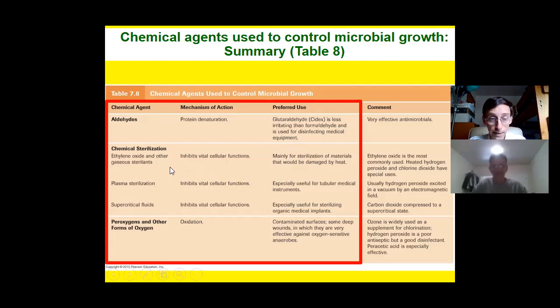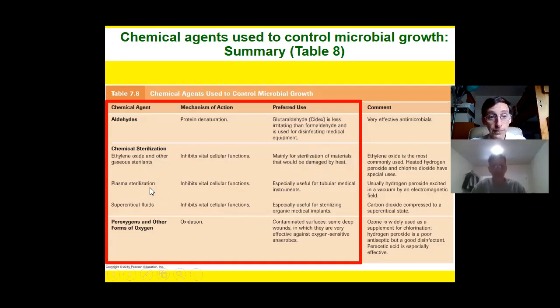So sometimes in the clinic they'll expose things to ethylene oxide. I doubt most of you remember this, but somebody sent around spores of Bacillus anthracis in the mail, and how they sterilized those letters was by ethylene oxide exposure.